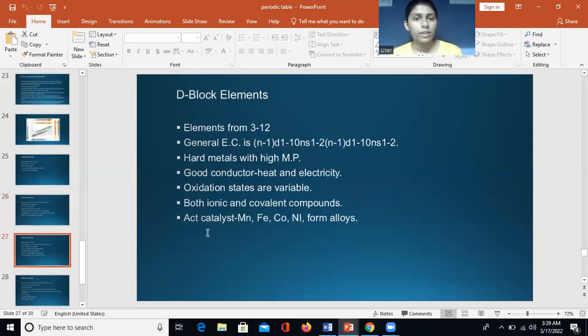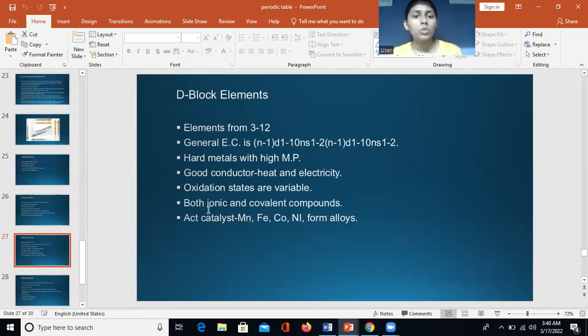Then d block elements. Elements from group 3 to 12 are known as d block elements. The general electronic configuration is (n-1)d1-10 ns1-2. This is the electronic configuration for d block elements, and these d block elements are hard metals with a high melting point.